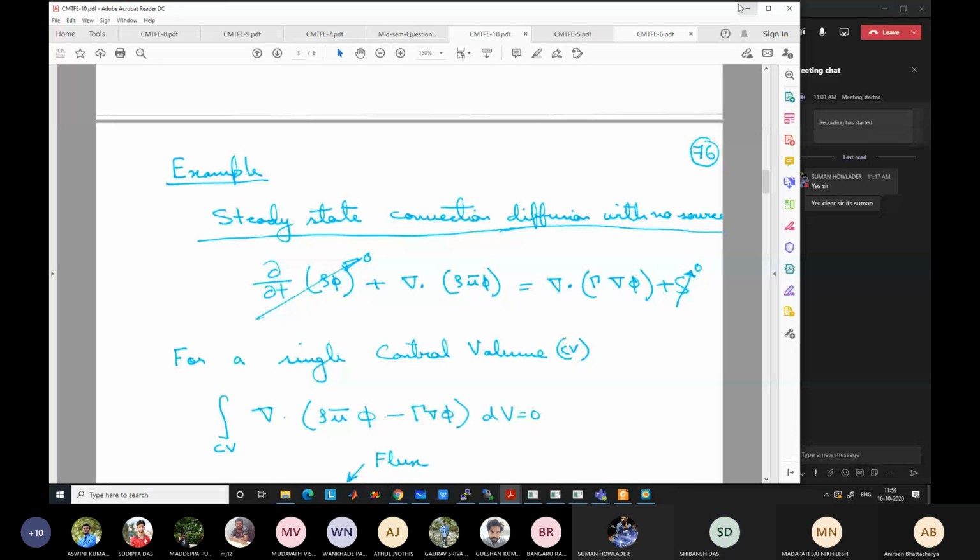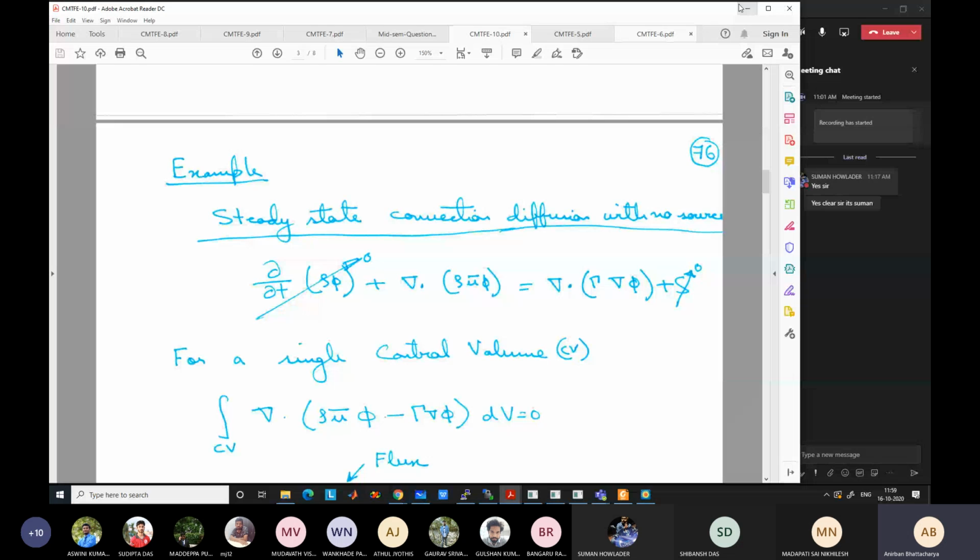Correct. So for the control volume, finally we are finding a grid point value for the entire control volume, right? Yes. A grid point value which is representing the entire control volume. I will just clarify this, but it is better to clarify after going to the example. Okay, but still I will just clarify quickly here.